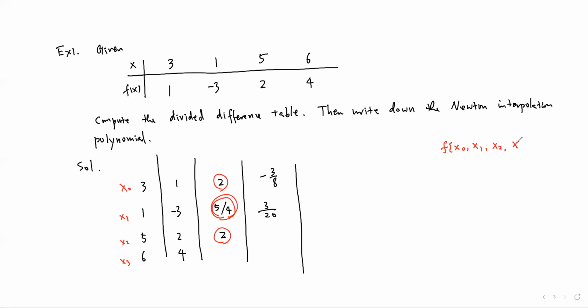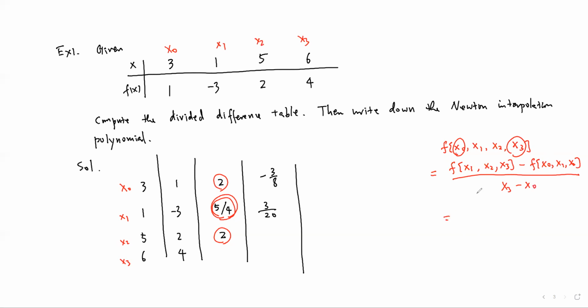Yes, this is x0, x1, x2, x3. By formula, it is the divided difference at x1, x2, x3 minus the divided difference at x0, x1, x2, then over x3 minus x0.